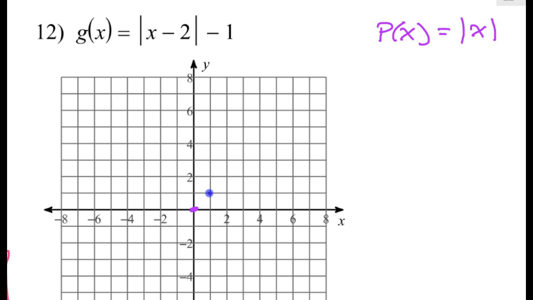The absolute value of 1 is 1, 2 is 2, 3 is 3, etc. The absolute value of -1 is 1, -2 is 2, -3 is 3, etc. So that's why the absolute value function forms a v like this. So this is what the parent function looked like.